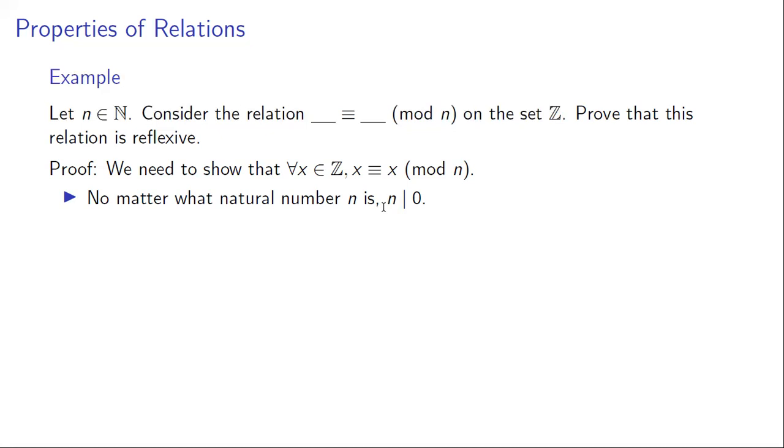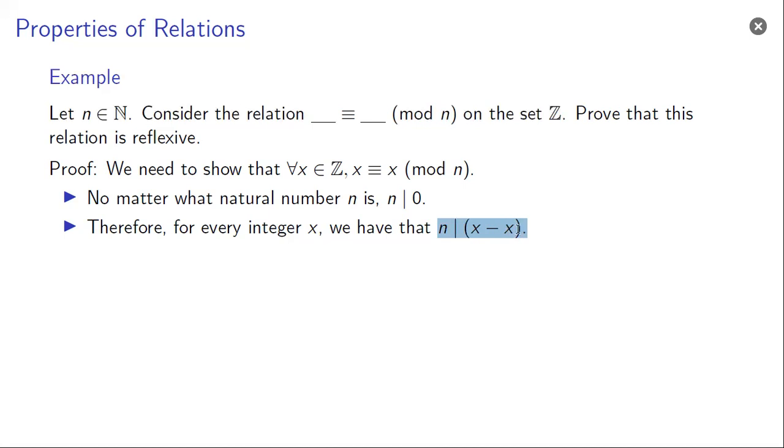For example, 3 divides 0, 5 divides 0, and so on. Every natural number divides 0. So no matter what natural number n is, n divides 0. Therefore, for every integer x, we have that n divides x minus x. Why? Because x minus x is just 0, and we know that n divides 0. So n divides x minus x.